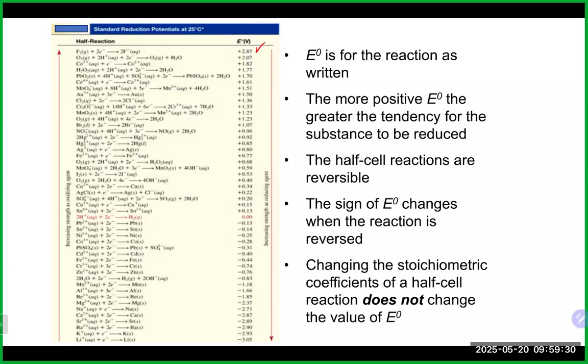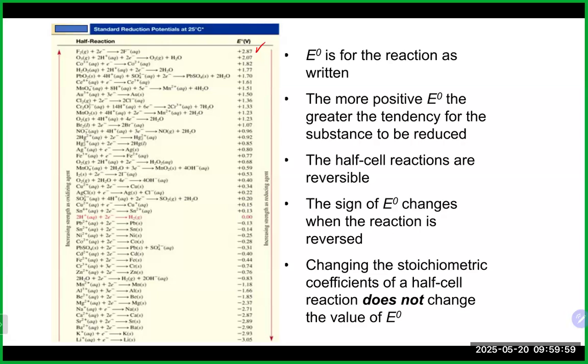Now, how do you know which one should be your cathode or which one should be your anode? If you are not given any information about the reaction, how it's taking place, you're not given an overall reaction, you're not told in words how it's taking place, and all you are told is you built this galvanic cell out of these two things, the one with the more positive E value in the table has a greater tendency to be reduced.